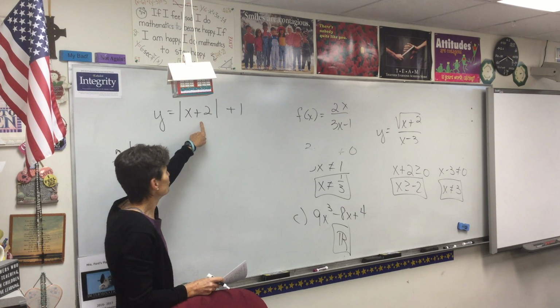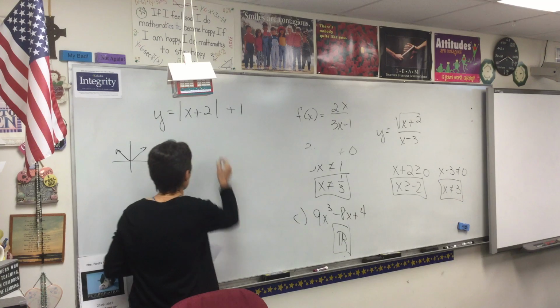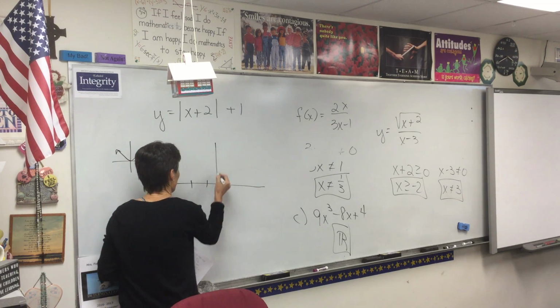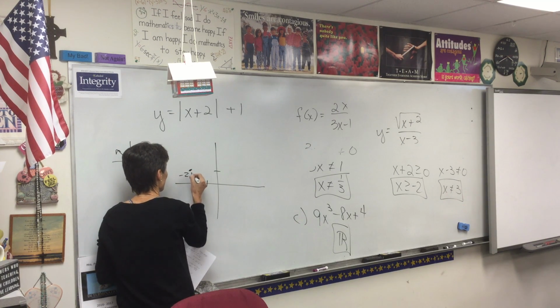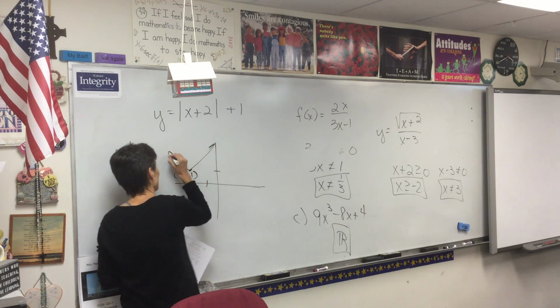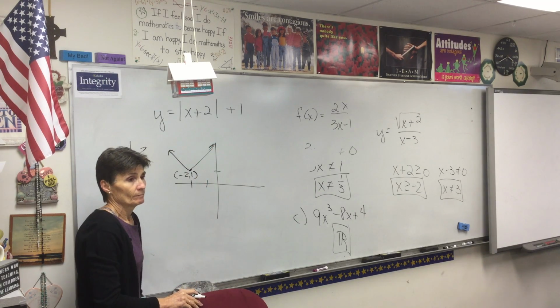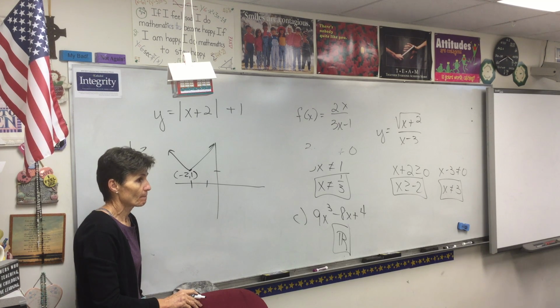To the left 2 and up 1. So I'm going to put a point, left 2 and up 1. I'm going to label it, and I'm going to draw my V. On the test, do we need a label? Yes. Wait, so whatever is in the absolute value, you do the opposite? Yep. Okay. All right.